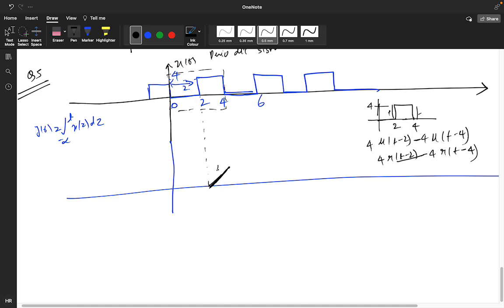So I'm getting a slope of 4. If this value is 2 and this value is 4, then it must be y2 minus y1 divided by x2 minus x1. I'm considering y1 is 0. This is 2, this is 4, so this must be 8.